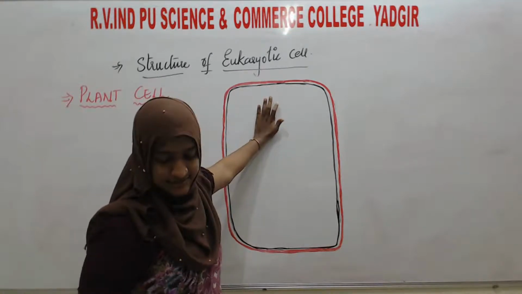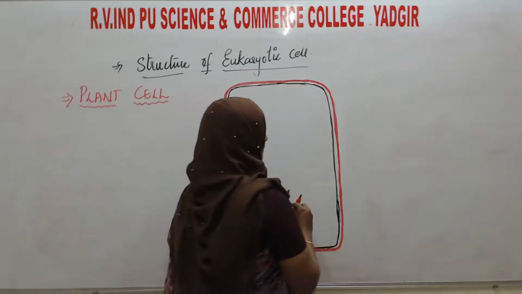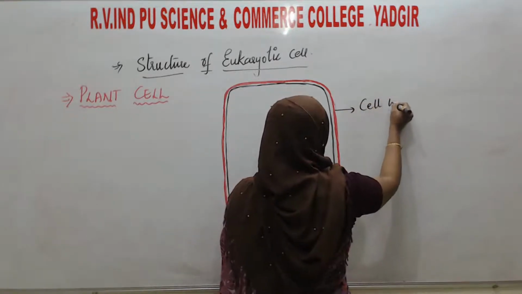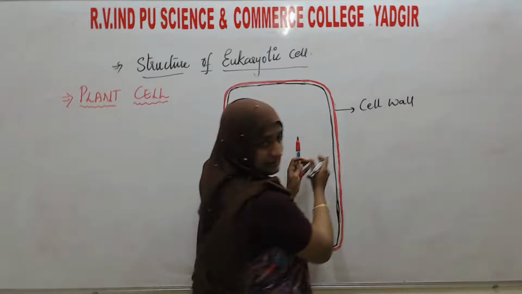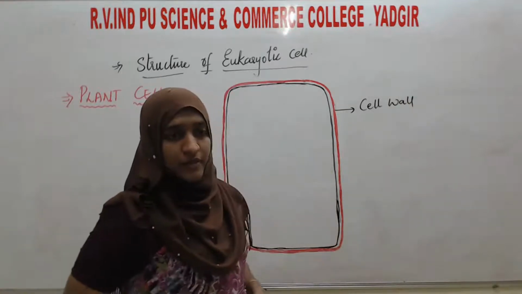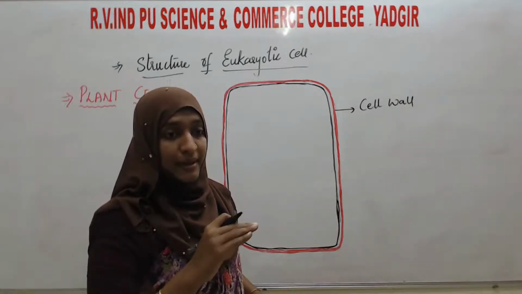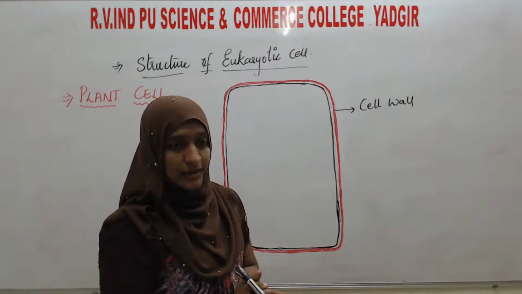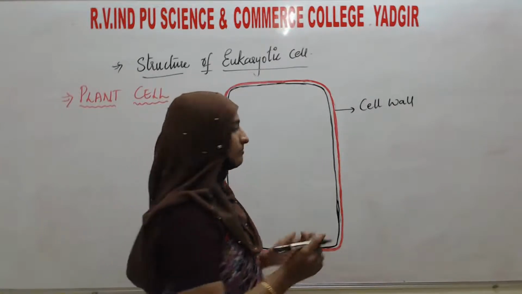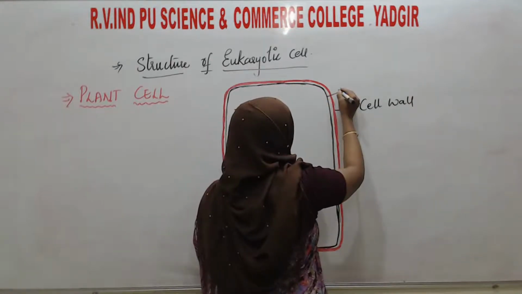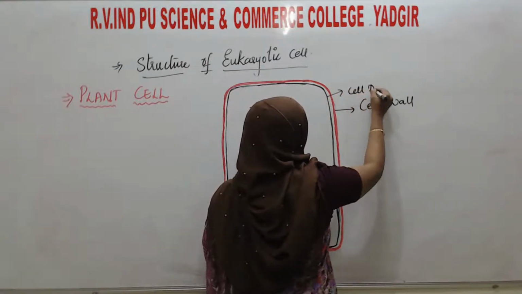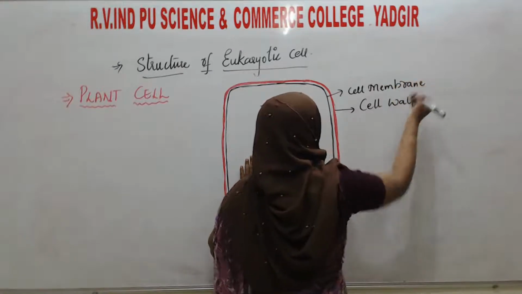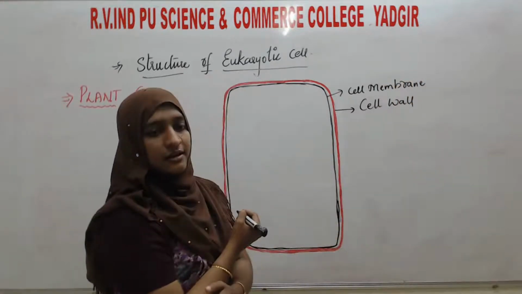This is the cell wall, and just below the cell wall there is a membrane which is enclosing the cytoplasm of the cell. That is the cell membrane.